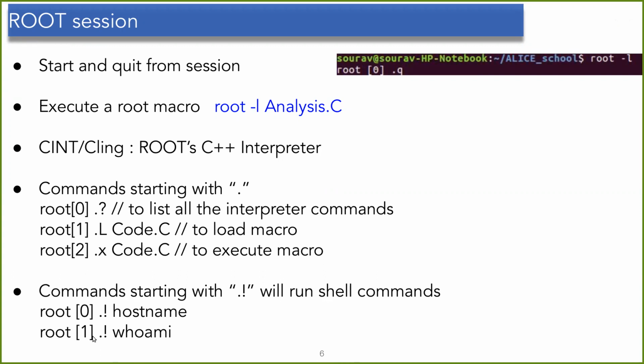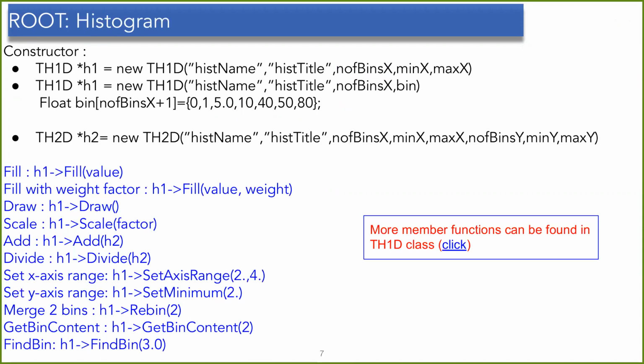So with this basic idea about ROOT, let's now move on to the selected ROOT objects which I am going to discuss today, which are mostly widely used in our data analysis. So first is the histogram. What is this histogram?